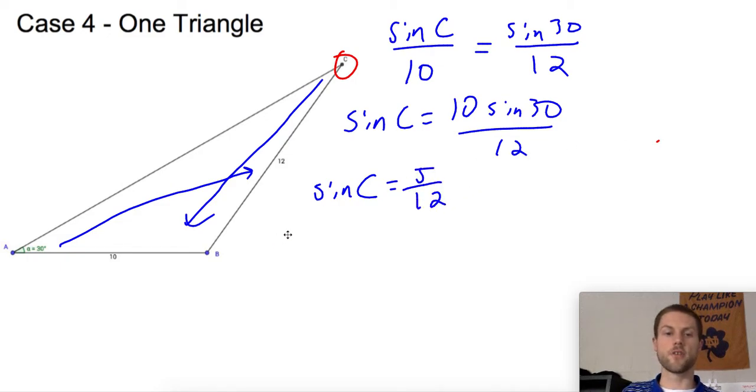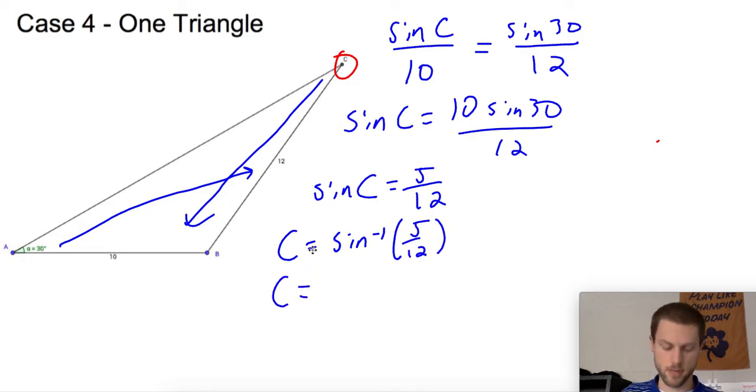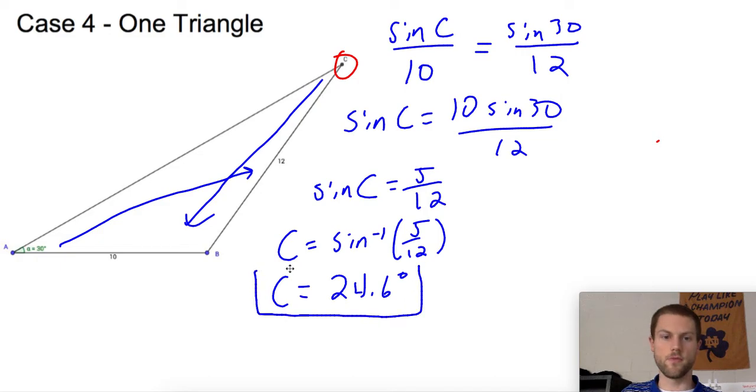So I can take the inverse sine of both sides, so that the angle C should equal the inverse sine of 5/12. Once you punch that in your calculator, C comes out to be 24.6 degrees. So this is an angle for C, and that should be this angle right here.